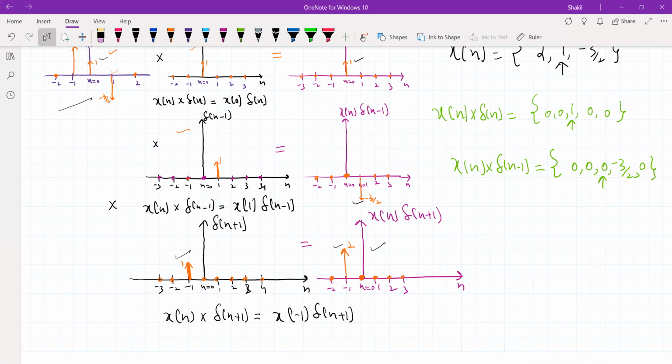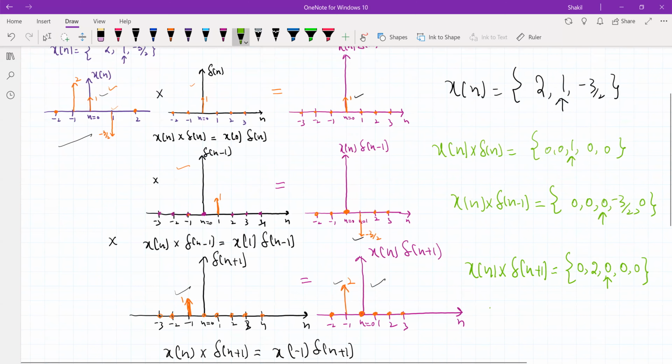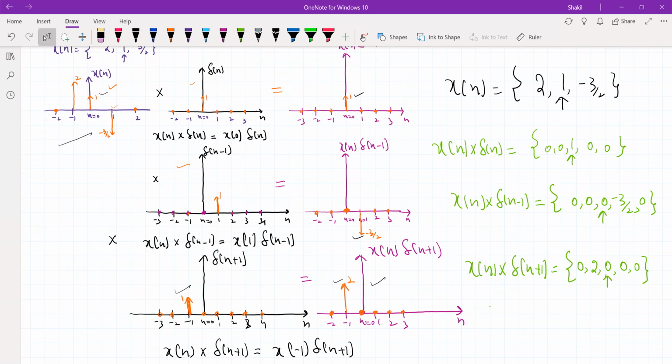Similarly, when you multiplied x of n with delta n plus 1, it sampled the value of the sequence x of n when n is -1. So this will be 0, this is 2, 0, 0, and 0. So this is our sequence. So now have a look at x of n and these multiplied sequences. Have a look at this. You can see x of n is simply equal to the sum of these sequences.